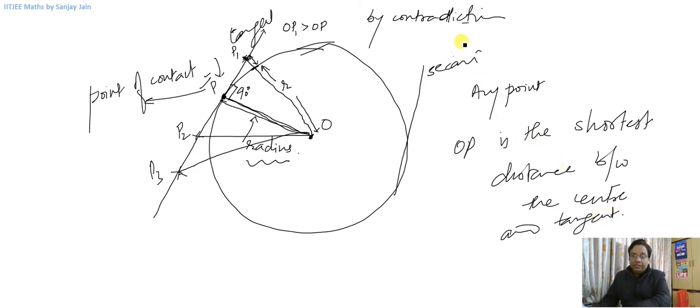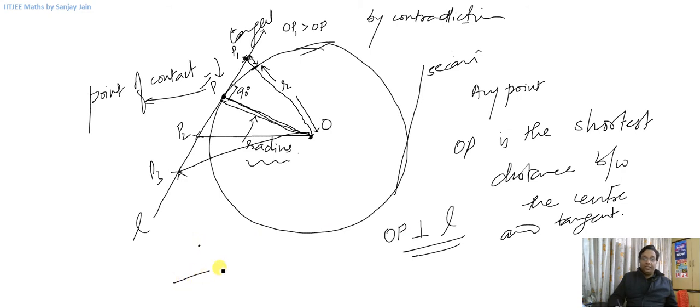Hence I can say that OP is perpendicular to the tangent. Let us name it as L. So OP is perpendicular to L, because whenever I see the shortest distance between a point and any line, the shortest distance is the perpendicular distance of this point and this line. This is something that we know already. So this is one of the ways of looking at it.